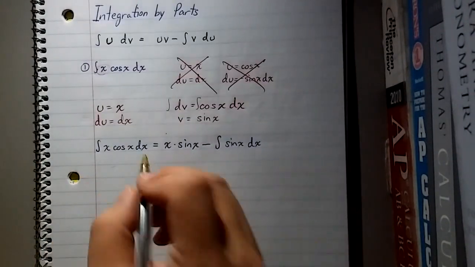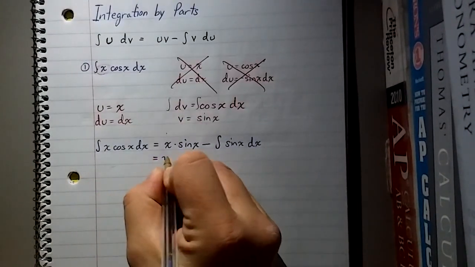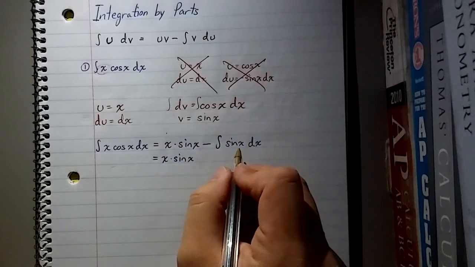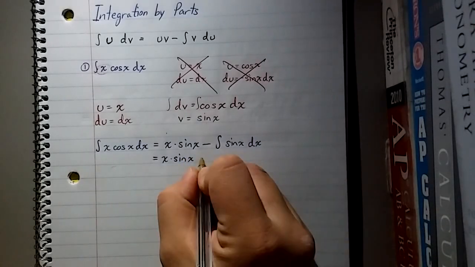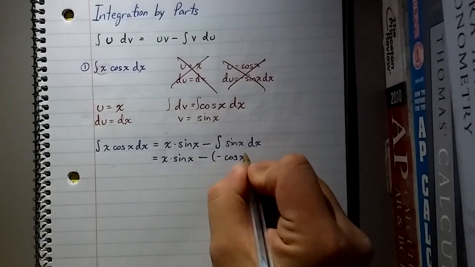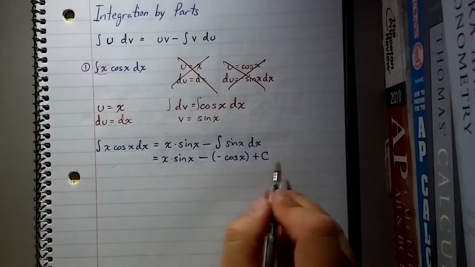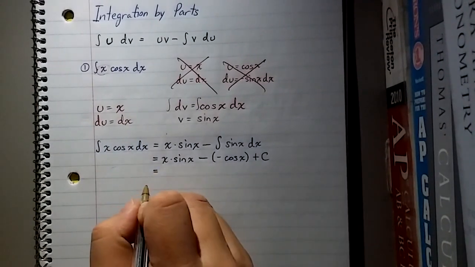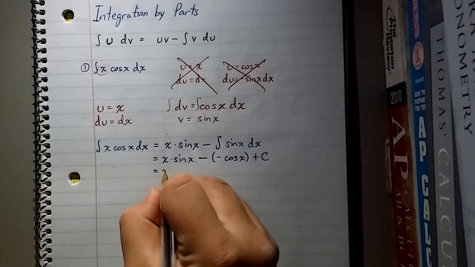And then you've got just one more easy step to do here. So x sine x, what's the integral of sine x? Negative cosine x plus c. Don't forget the c. And negative negative, you simplify.